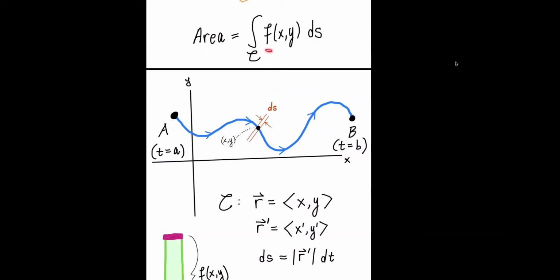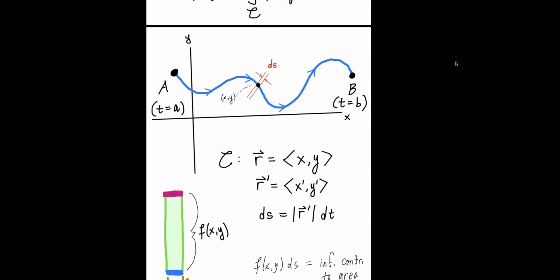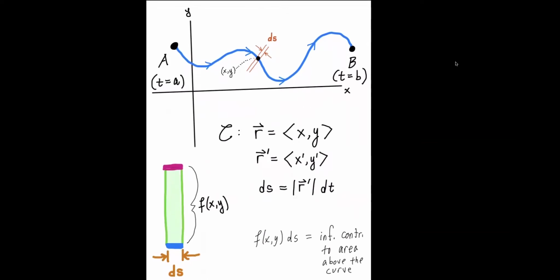We also have the function we're going to try to integrate, f of x y. And then this integral sign, all this is saying is that we're going to do a sum or an integral over all the points on the space curve. Now notice that if we take f of x y, the height of the function, this is an infinitesimal piece of the space curve.